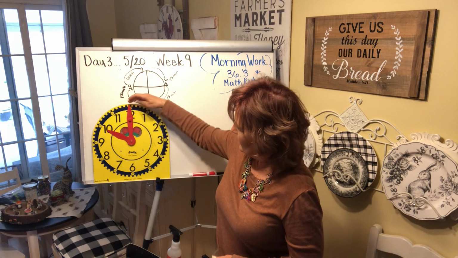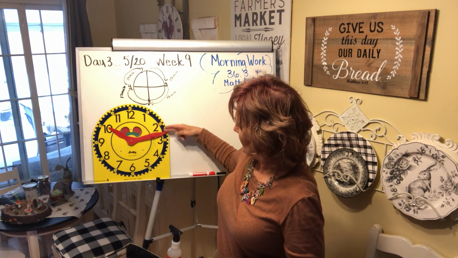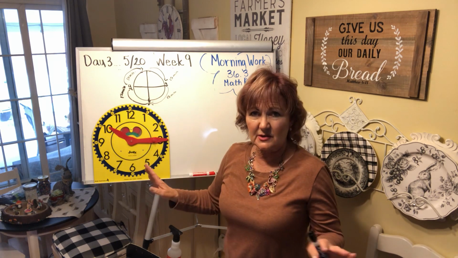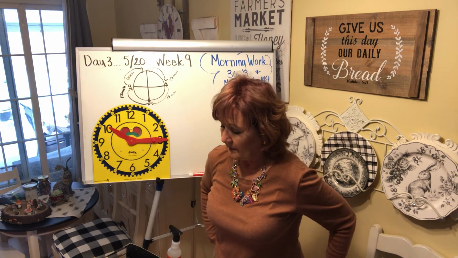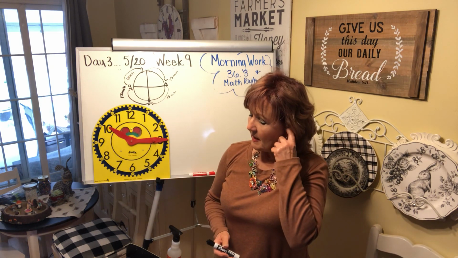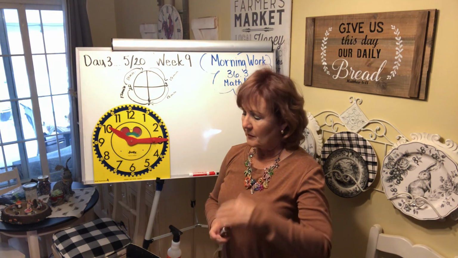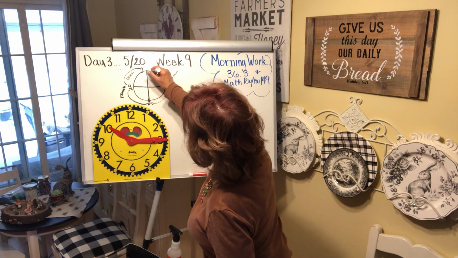After 15 minutes, 5, 10, 15, the hour hand isn't just sitting there, it's creeping, isn't it? After 15 minutes, the minute hand has moved 1/4 of the way around.